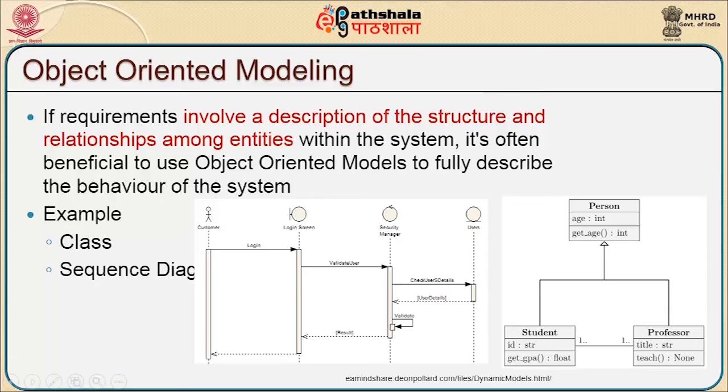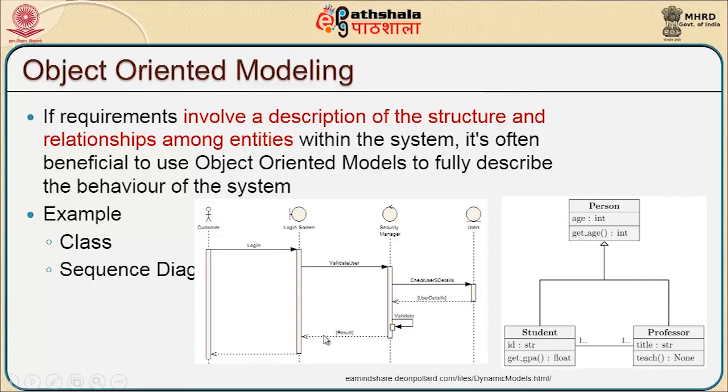So this gives a clear intention of person, either could be a student or a professor. Between a student and a professor, it is a one-to-one relationship, and both of them are supposed to be a person class, and it can also be plotted as a sequence diagram.